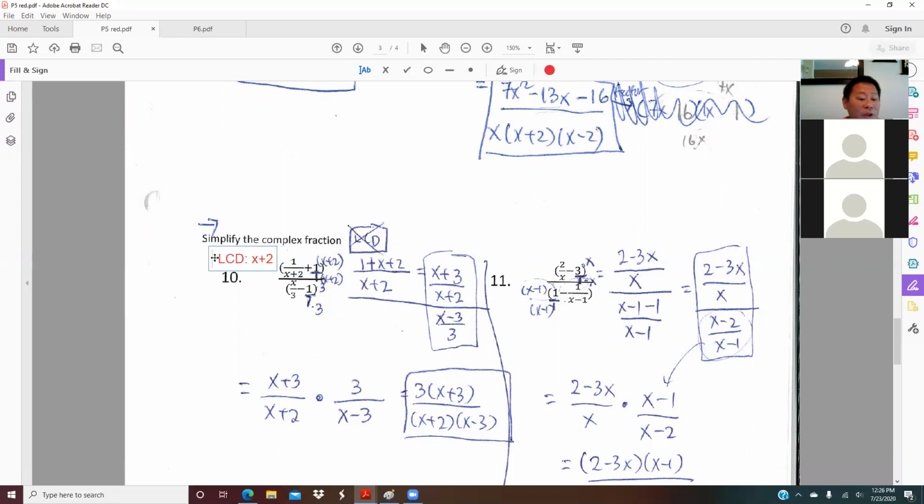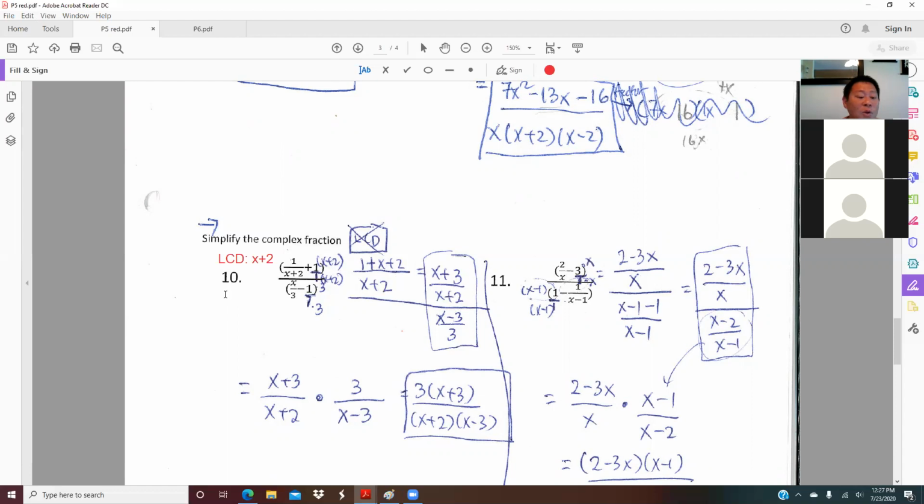That is the LCD for the top one. So what you do is, because this one is over 1, you multiply the second one by x plus 2, because this one already has x plus 2. So your denominator is x plus 2, then you just distribute like what we did previously. So 1 plus x plus 2, and then you simplify it to become (x plus 3) over (x plus 2).